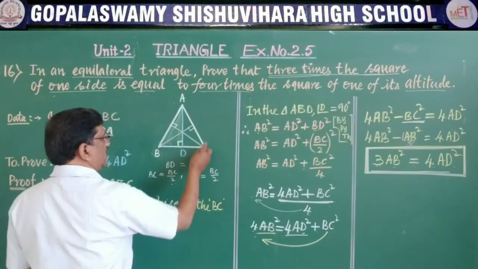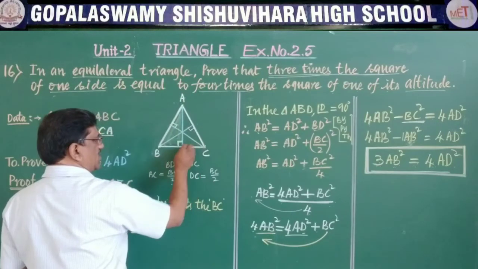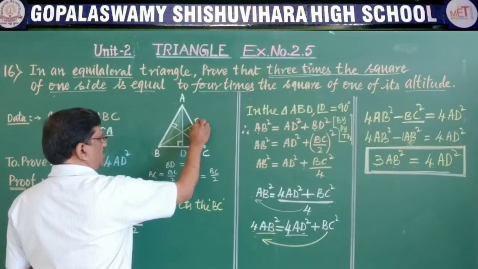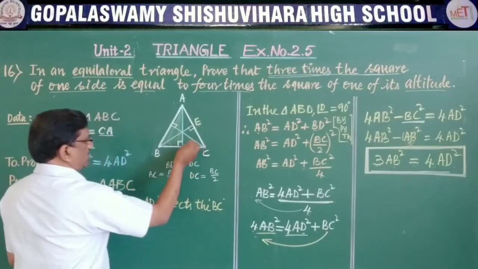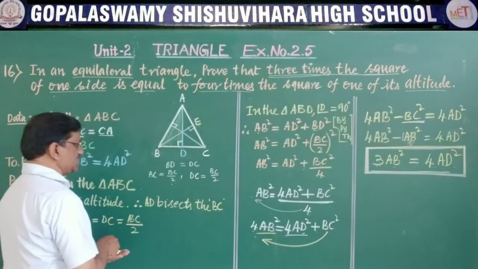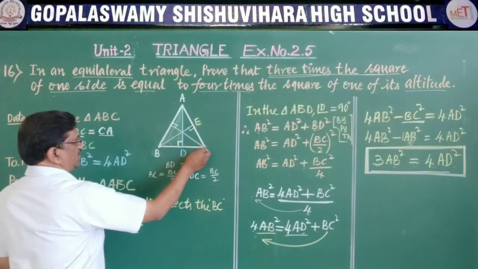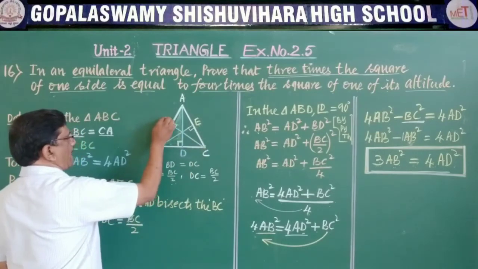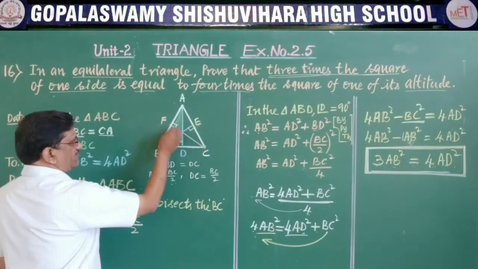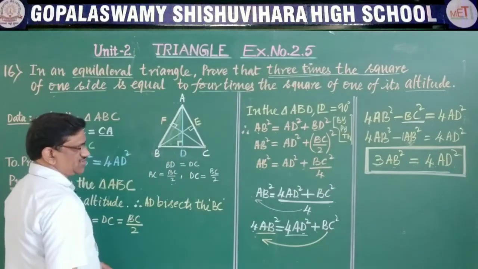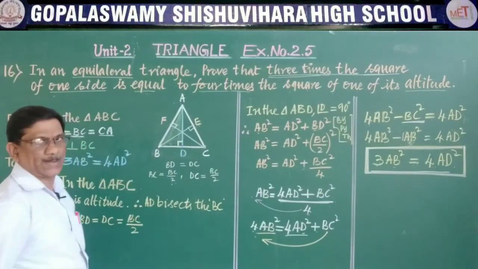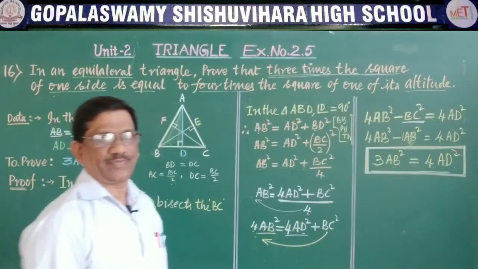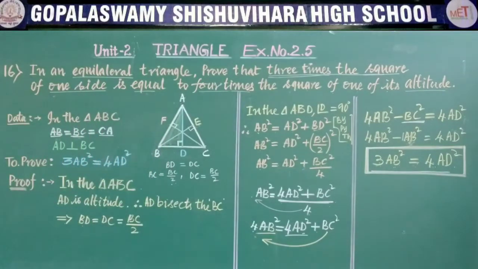If you want, you can take AC also as base by taking BE as an altitude. Or you can also consider AB as a base by taking CF as altitude. Clear, children? So we can prove like that. Understood, children? Okay. Take down.